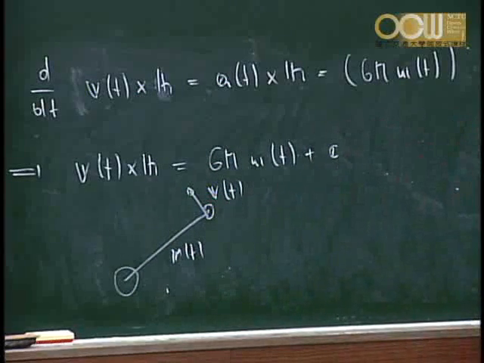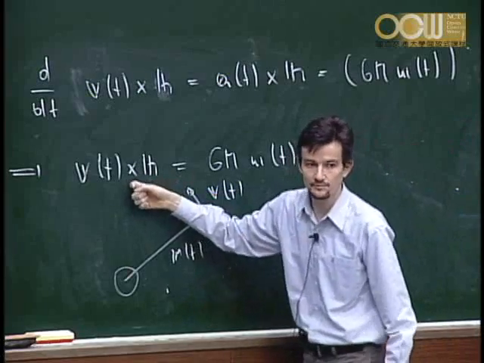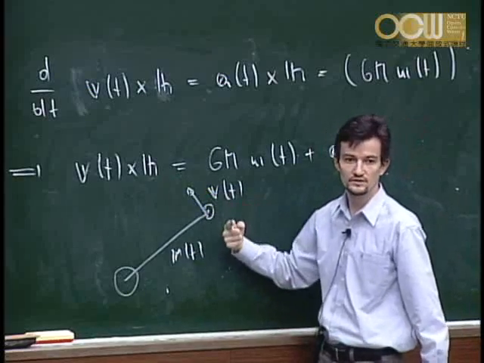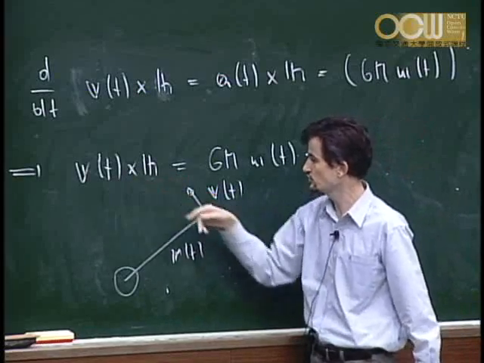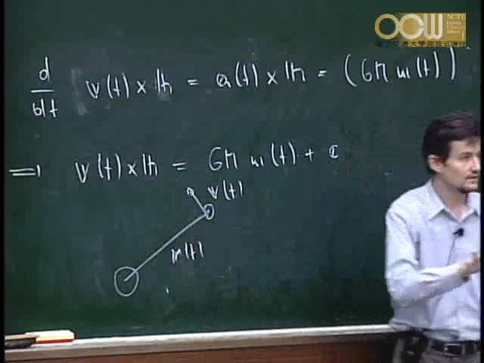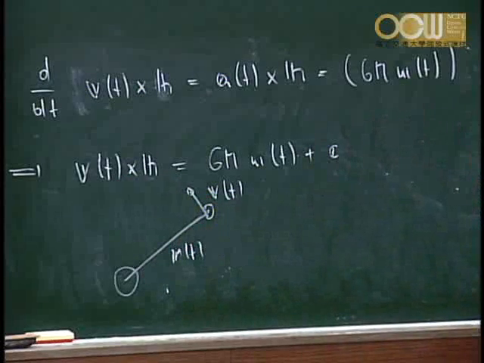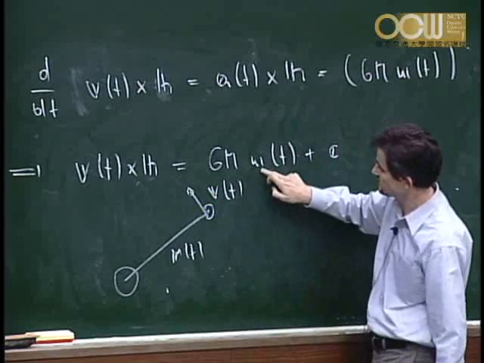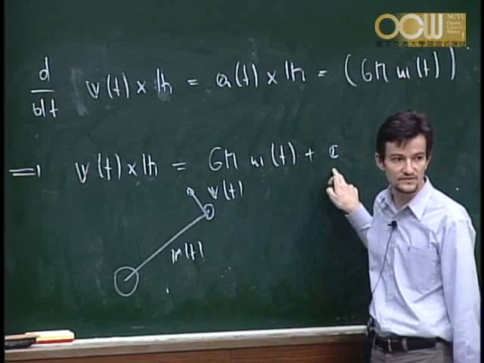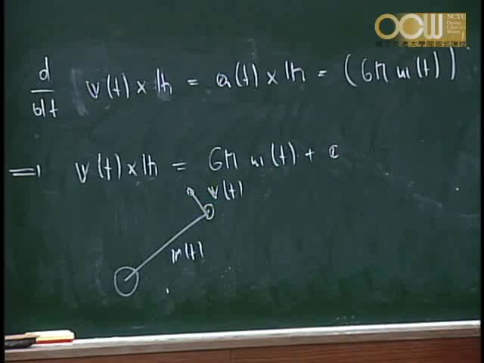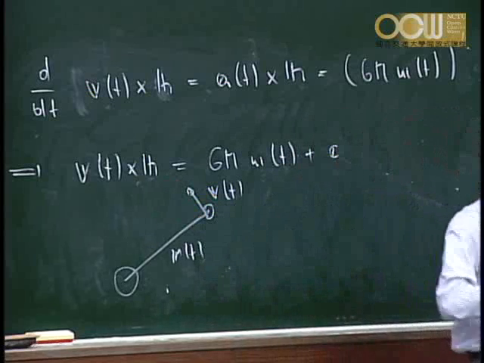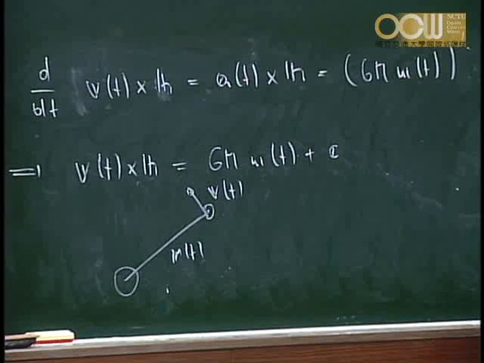You see that this vector lies in the plane where the movement takes place, because this vector h is orthogonal to those two. So the cross product of those two is in this plane, the plane where the motion takes place. This one is in the plane where the motion takes place, and this one as well, because this is just this one. So you see that the c is in the plane where the motion takes place. If I choose the z-axis in the direction of h, then the motion takes place in the xy plane. And I choose the x-axis in the direction of c. That's the way I choose the coordinate system.